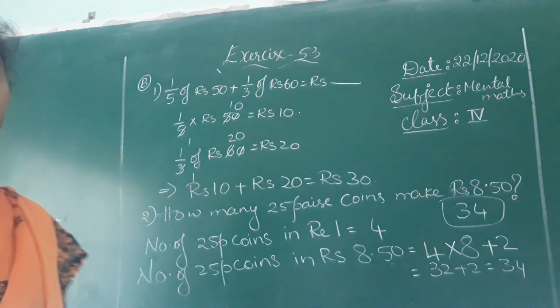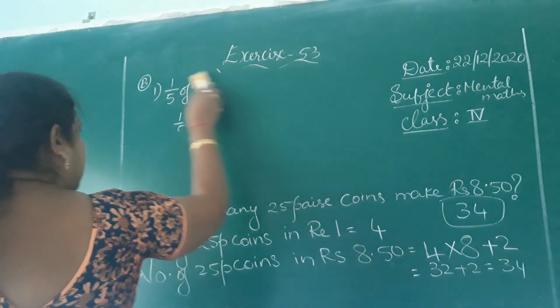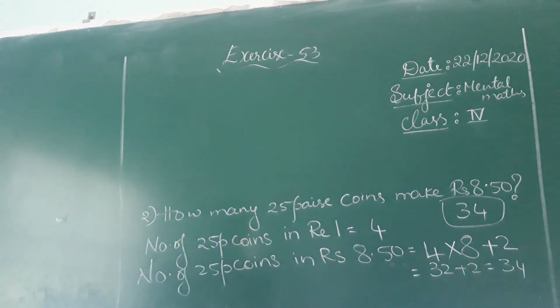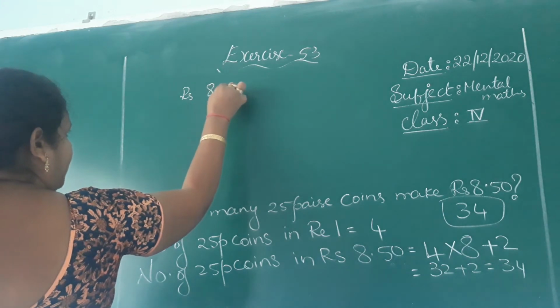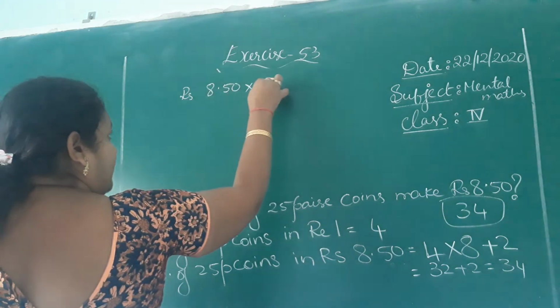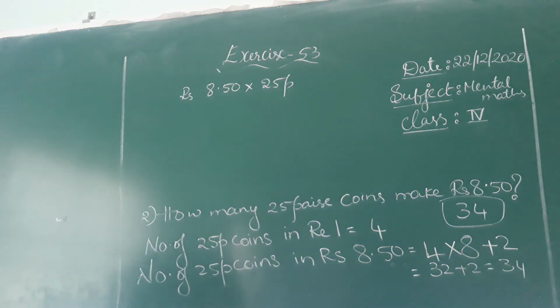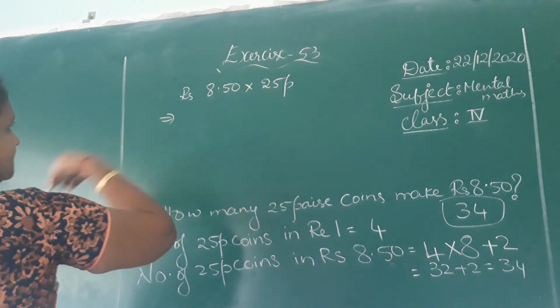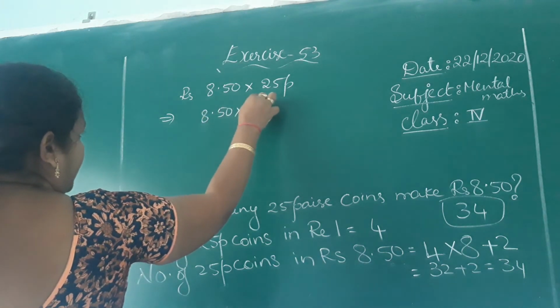Or else one more way you can find it, I will tell you now. See the same one with another method. First you have to multiply the given 8 rupees 50 paise with 100 by 4.